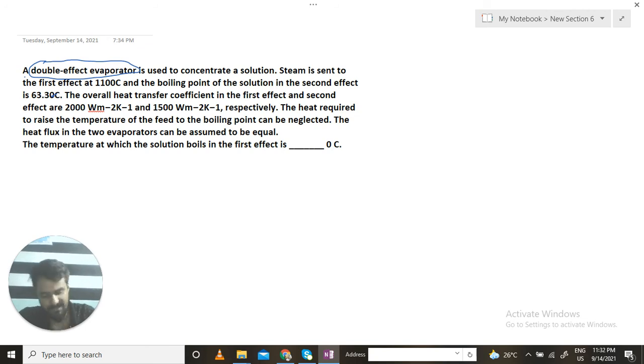Now understand one thing here. The perspective of this question is that we have to calculate the boiling point in the first evaporator. So try to understand the basic diagram.